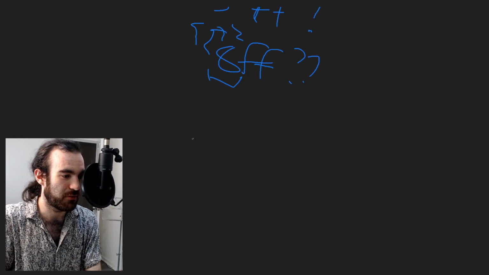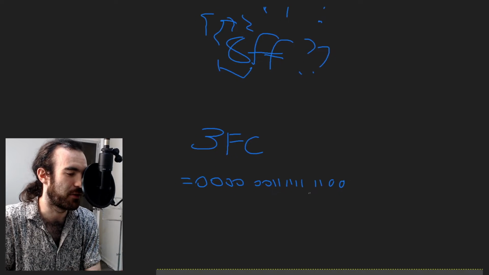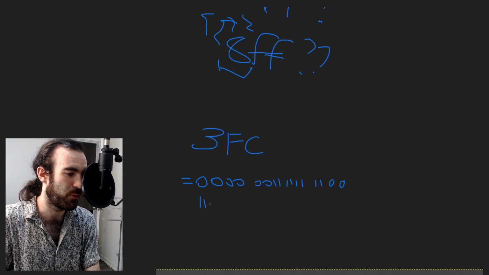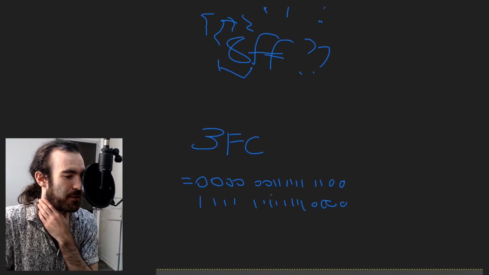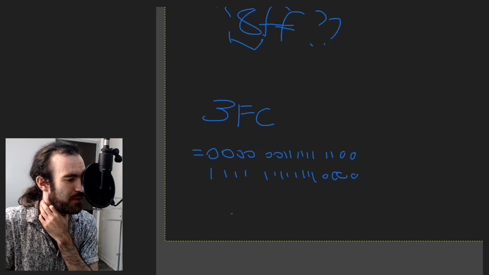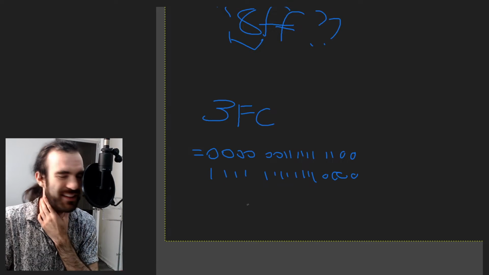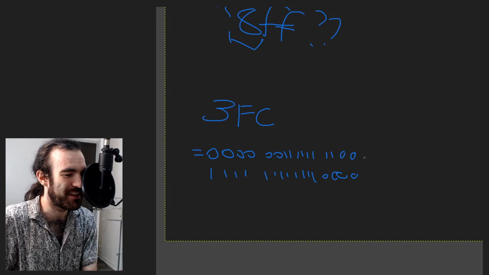Okay, so 3FC is 0000001111111100. How did we get here from 1111111111111100, right? What operation gets us here? If we left shift by 2, that's kind of like one operation that gets us from here to here.